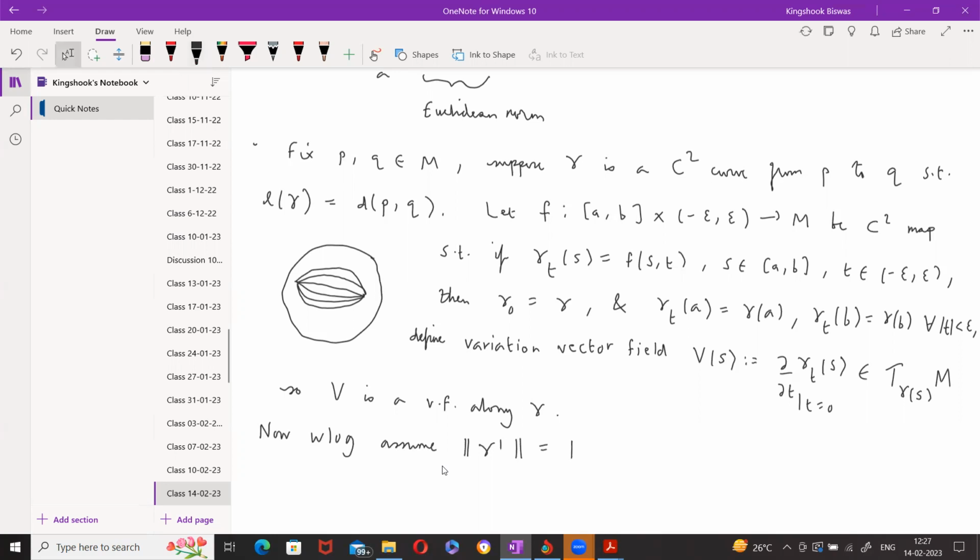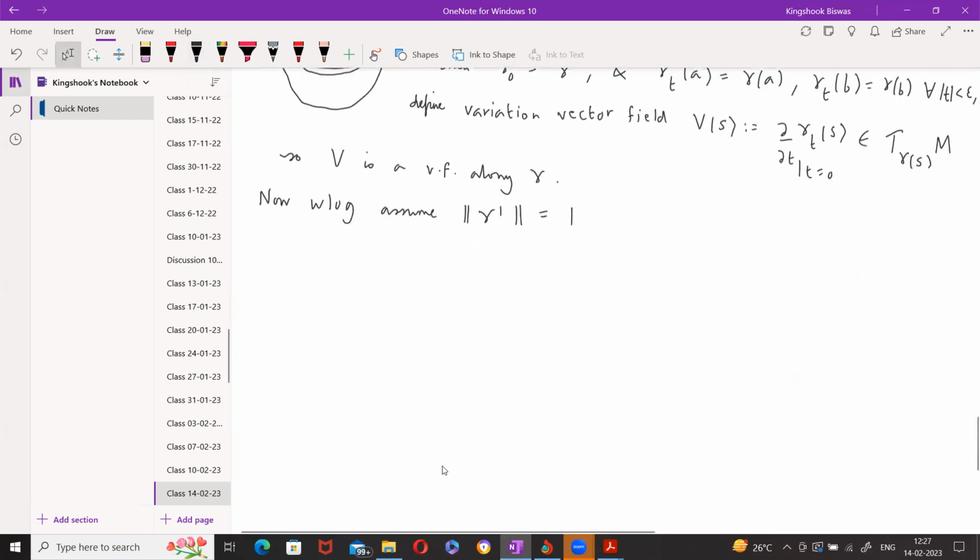Now, what do we have? We know that the length of gamma t is greater than or equal to the length of gamma for all t in minus epsilon to epsilon.